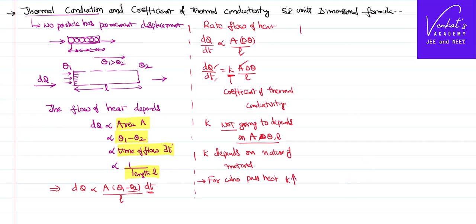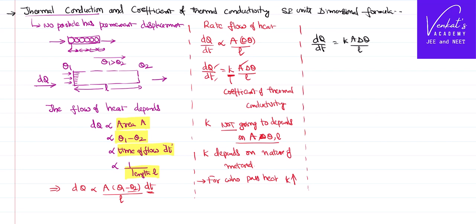So coefficient of thermal conductivity is a measure of flow of heat. The more the value of K, the more the conductive nature, and the more heat passes through. Now, as we have written, the formula is rate of flow of heat dq by dt equals K A delta theta by L.